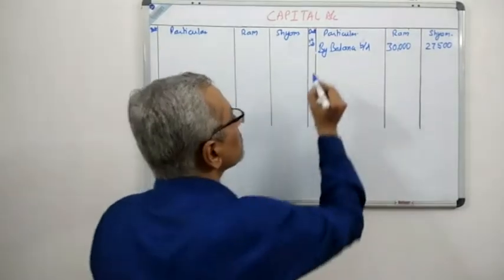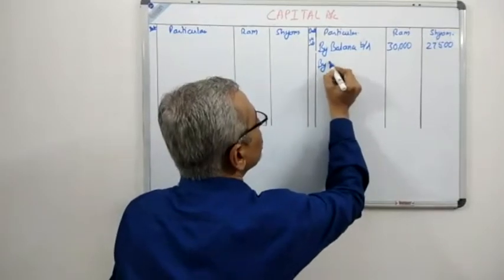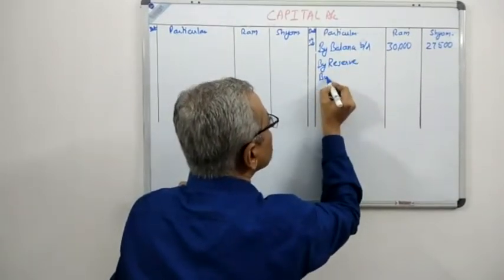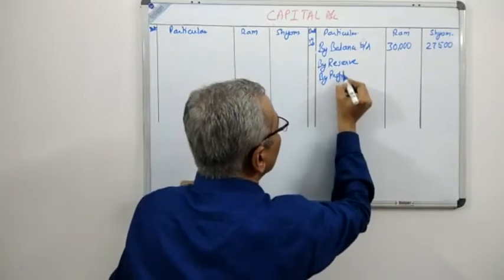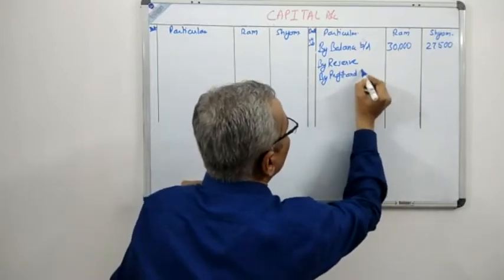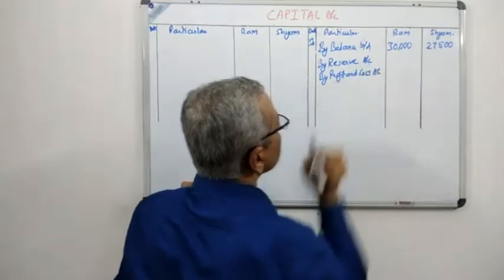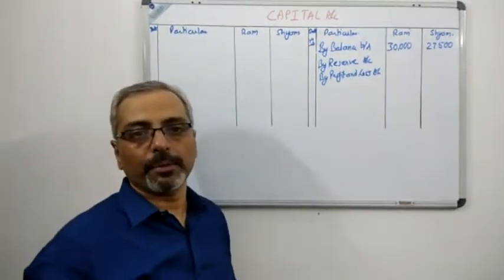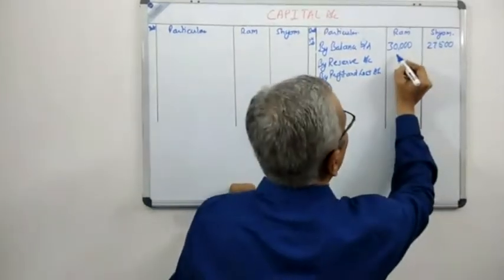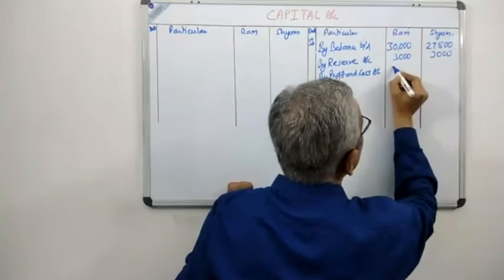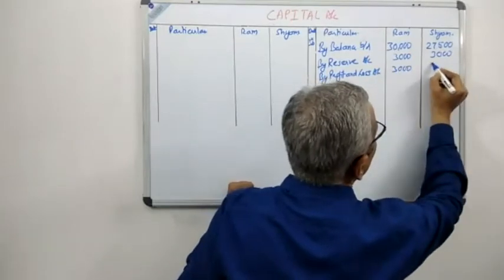So we'll do that by reserve and by profit and loss, and both at the same amount, 6,000 if you remember, and it was equally divided because the partners are equal partners, 3,000 each.